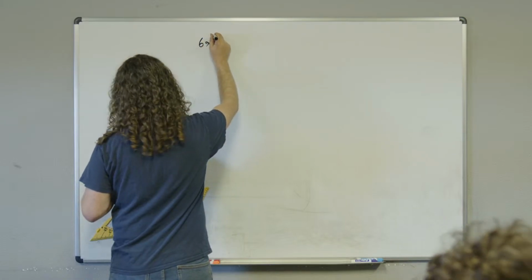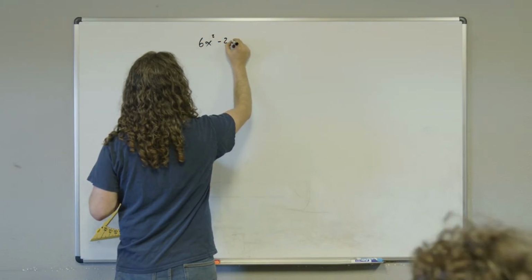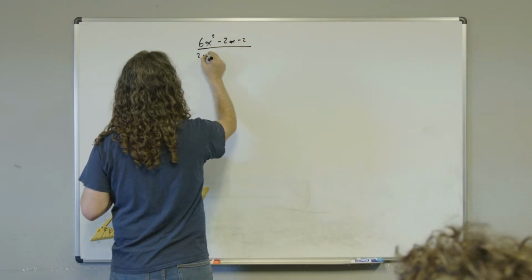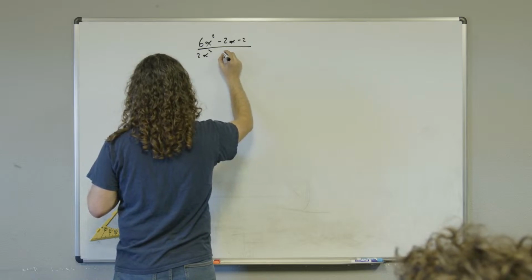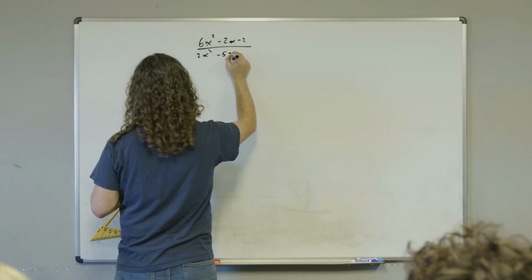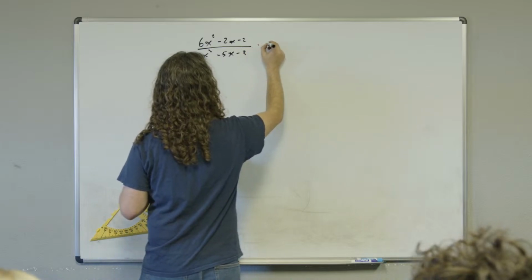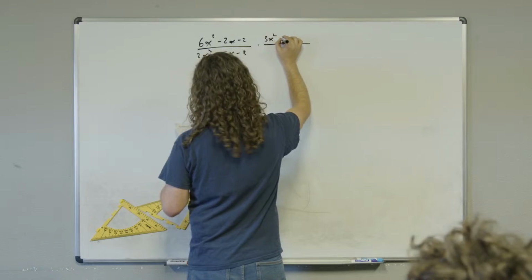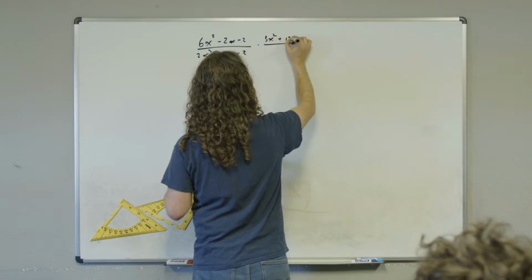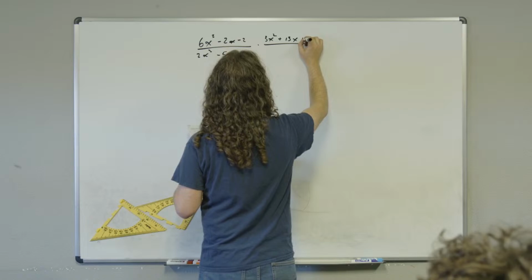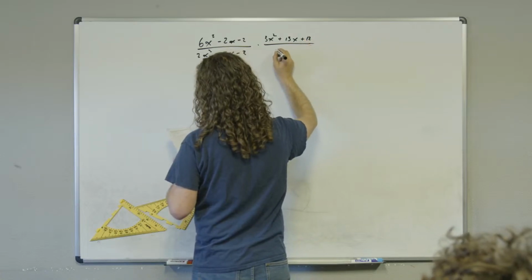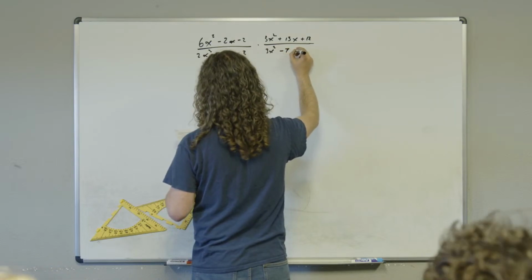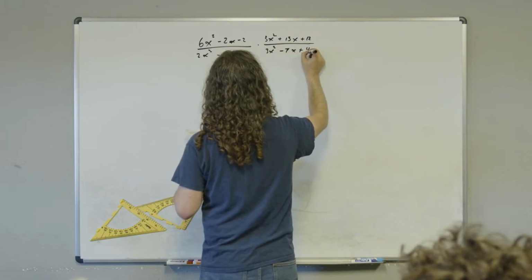X, 6x squared minus 2x minus 2 all over 2x squared minus 5x minus 3, times 3x squared plus 13x plus 12 over 3x squared minus 7x plus 4.